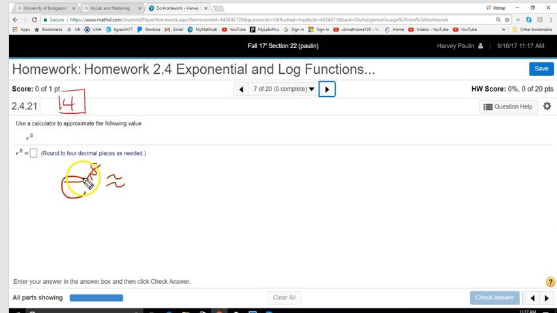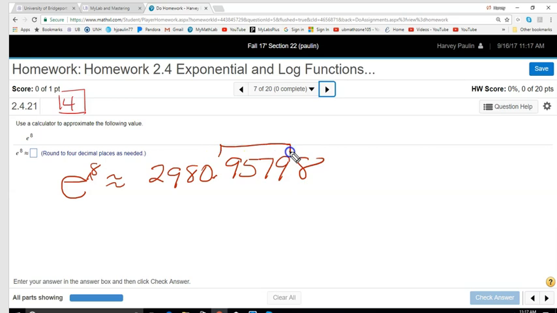In my TI-84 that I'm using, I have to put the caret there, 8, and let's see what you get. Well, 2980, and we want it to 4 decimal places, 95798. So again, there are 4 decimal places.